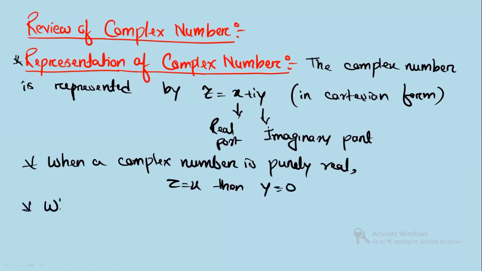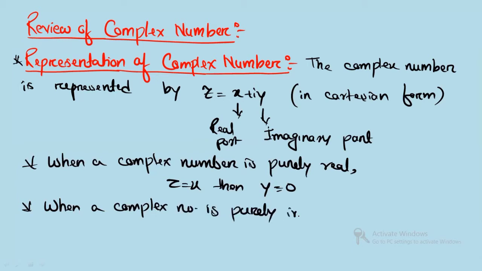And similarly, when a complex number is purely imaginary, z will be equal to iy and x is equal to 0. That means for a purely real complex number, the imaginary part will be 0, and for a purely imaginary complex number, the real part will be 0.